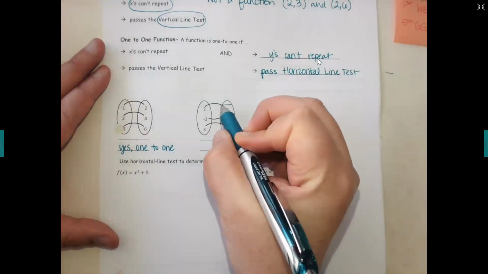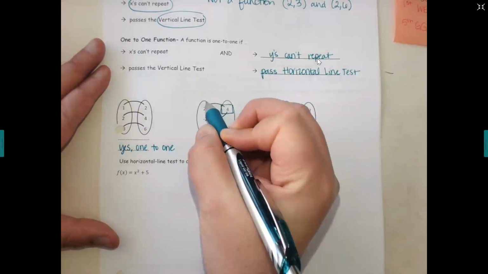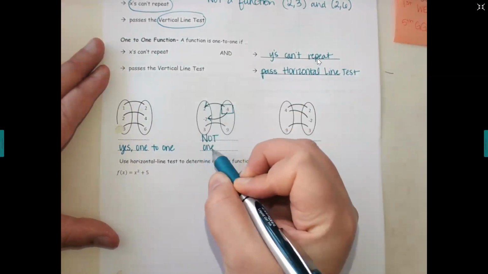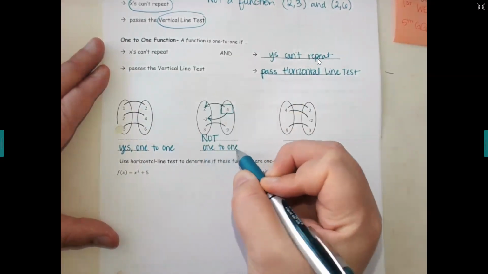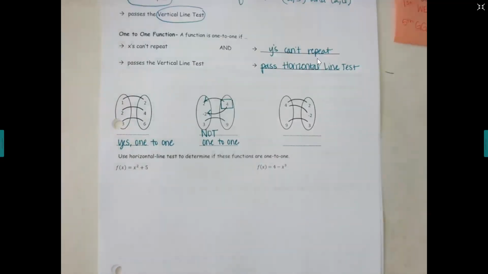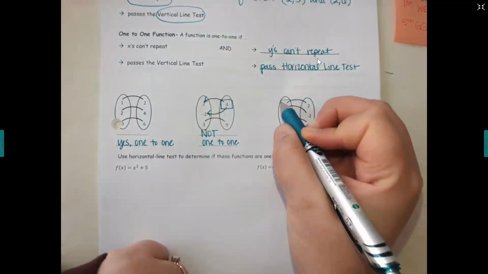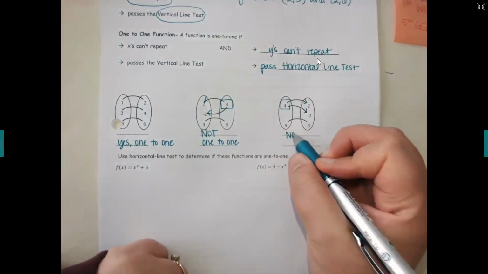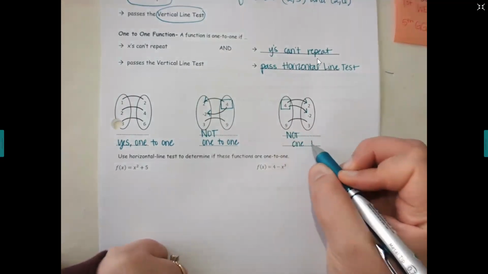My 4 here is partnered with 2 different numbers. This is not 1-to-1. Remember that 1-to-1 means not only can the x's not repeat, but neither can the y's. And the last one, do we have a number that's going with 2 different partners? 4 again, splitting off with 2 and -2, so that is not 1-to-1.